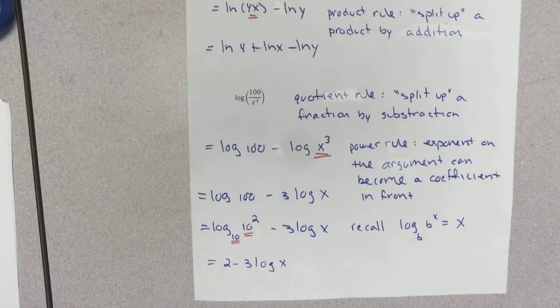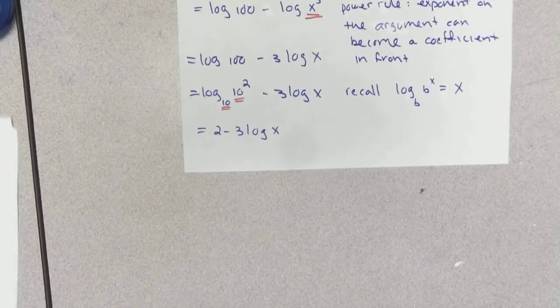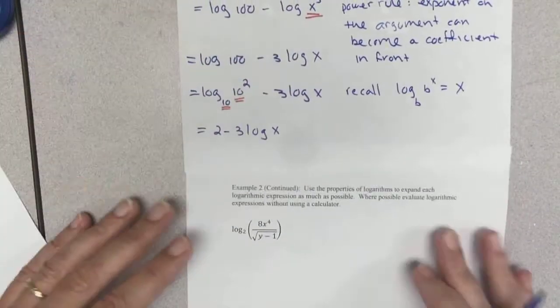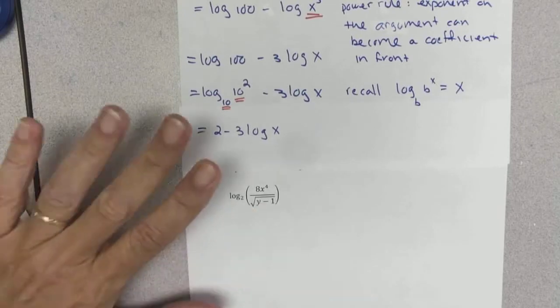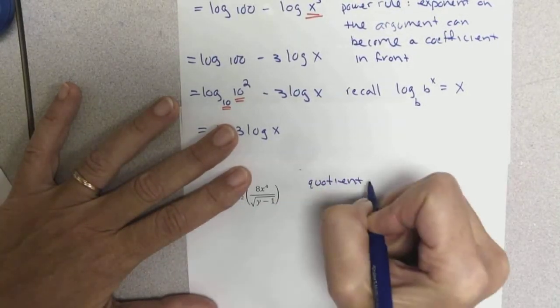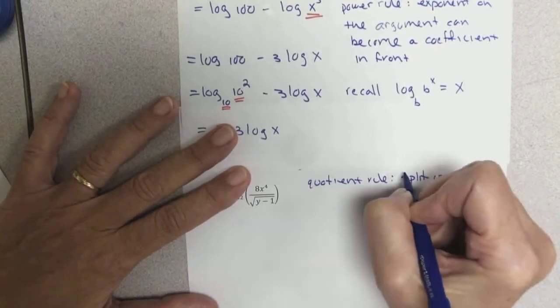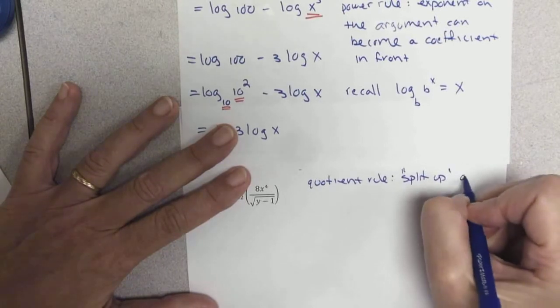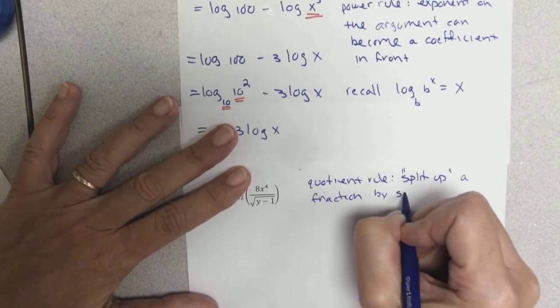Okay, let's do some more of these guys. Same instructions, expand it. So again, I start by looking at the argument. That argument is a quotient. So I will start with the quotient rule, which tells me I can split up a fraction by subtraction.